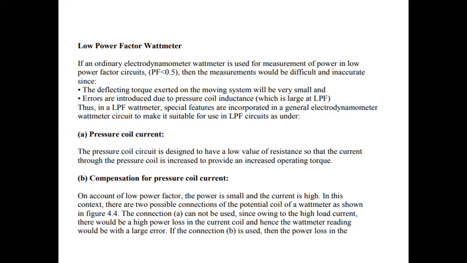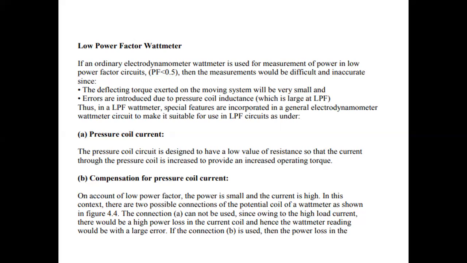In an LPF wattmeter, special features are introduced in a general electrodynamometer type wattmeter circuit to make it suitable for use in LPF circuits, as follows. First modification: the pressure coil current. We adjust the pressure coil current. The pressure coil circuit is designed to have a low value of resistance so that the current through the pressure coil is increased to provide an increased operating torque.